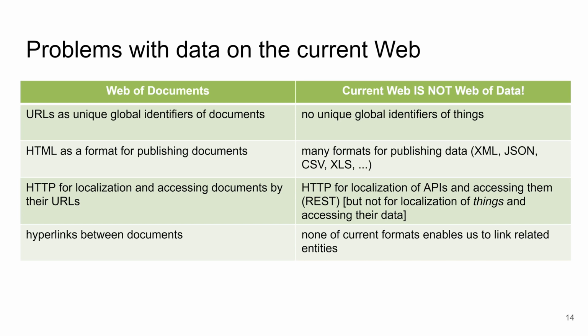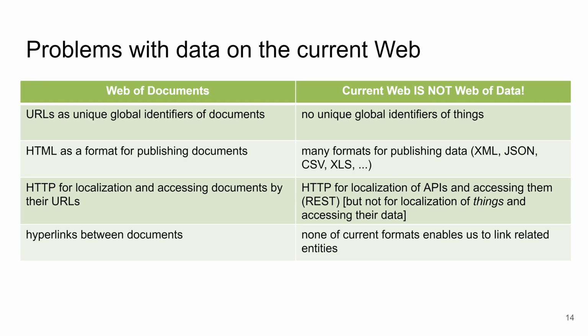Well, let's go back to the principles that made the web of documents successful, and let's compare them with the principles the current web is based on. So the first one says use URLs as unique global identifiers of documents on the web of documents. Each page has a URL.